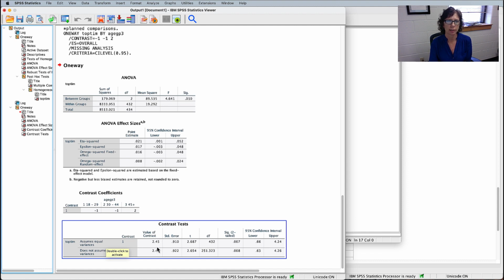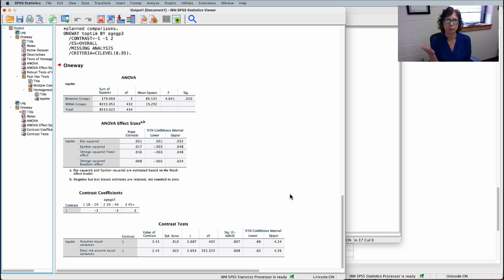Value of contrast, that is the mean difference, the average difference between group 3, the one we're interested in, and groups 1 and 2 pooled together. So our mean difference in total optimism was 2.45. Now the test they're using here is the t-test to look at whether there is a difference between group 3 and groups 1 and 2.